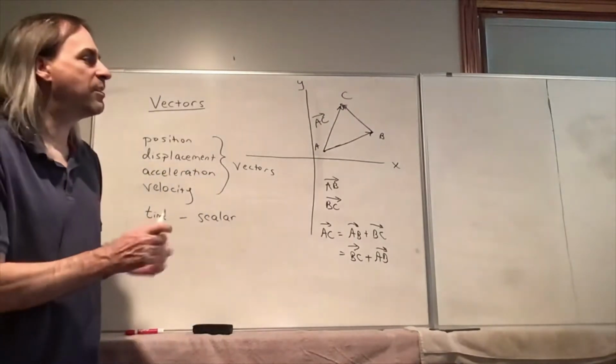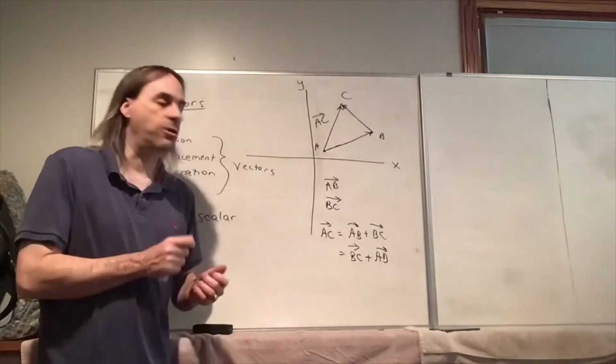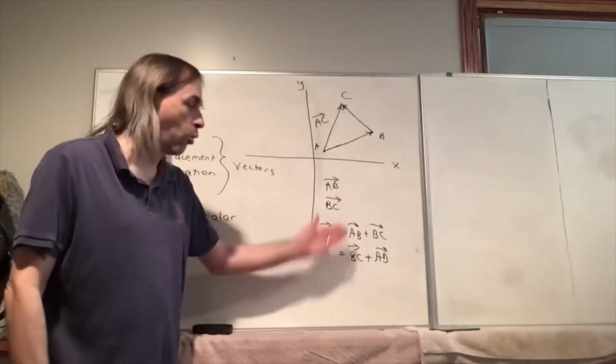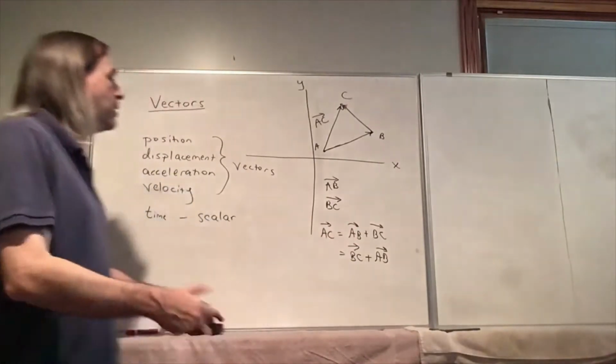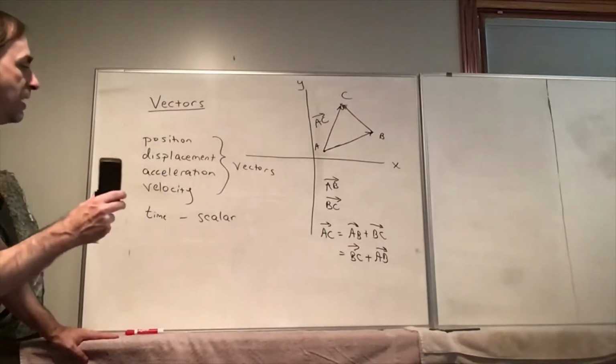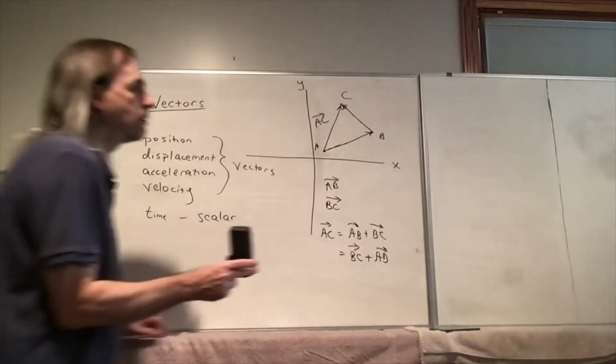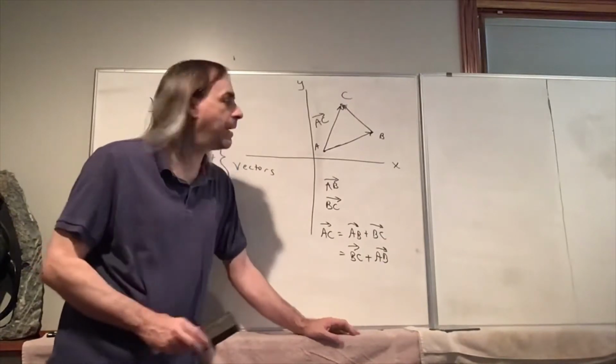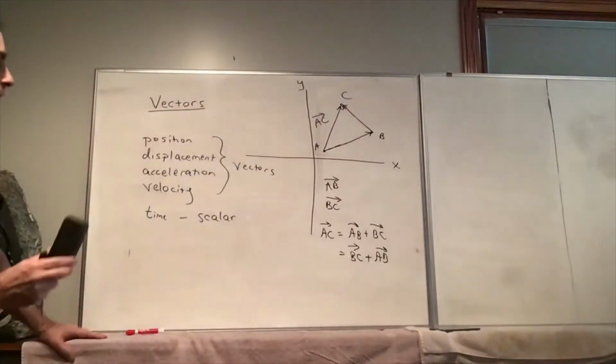And later on, we're going to talk about something that does have a magnitude and a direction, but it doesn't obey this rule, that you can reverse the order. So, yeah, just think vectors have a magnitude and a direction, but not everything that has a magnitude and direction is a vector.